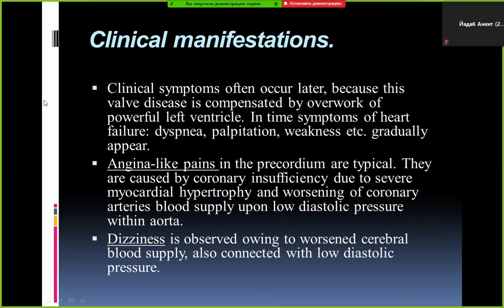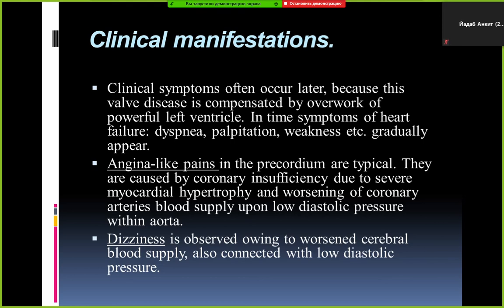Clinical manifestation. Clinical symptoms often occur later because this valve disease is compensated by overwork of the powerful left ventricle. In time, symptoms of heart failure, dyspnea, palpitation, weakness, and so on gradually appear.